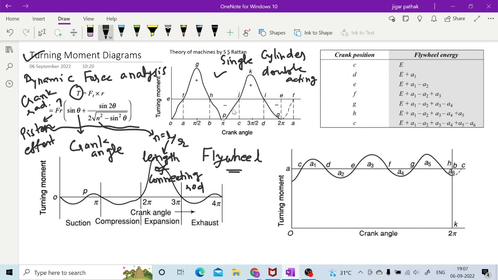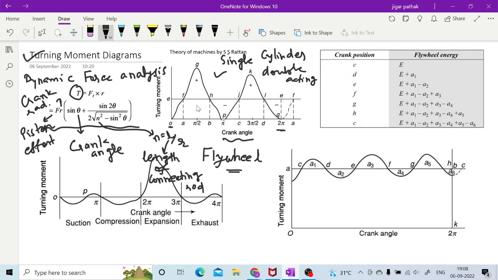So you are having 2 strokes in 0 to 2 pi revolution. You can see here the crank angle is varying from 0 to 2 pi, and in that you are having 2 power strokes. Whenever you are having higher energy generation, that is during the power stroke. So here you have this particular double acting, or 2-stroke engine, in which one revolution of crank will give you 2 power strokes, right?